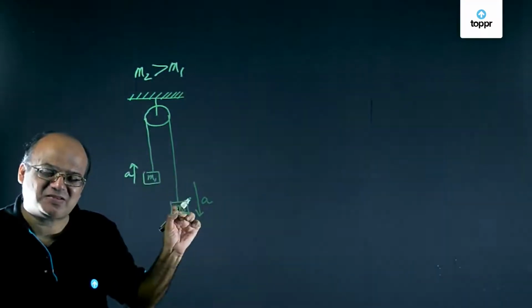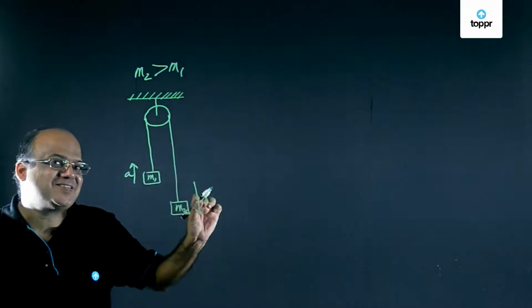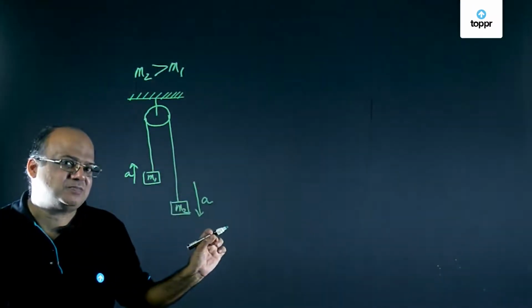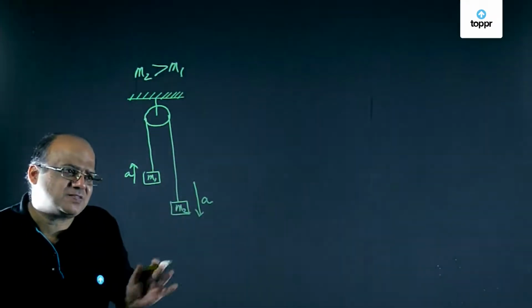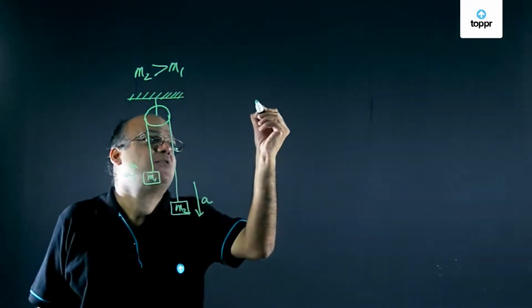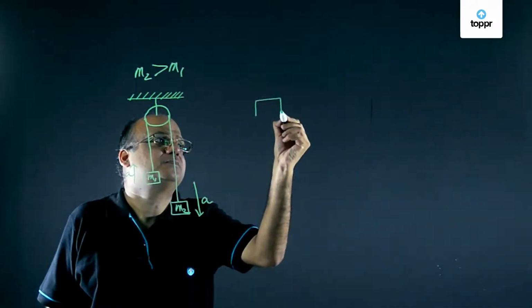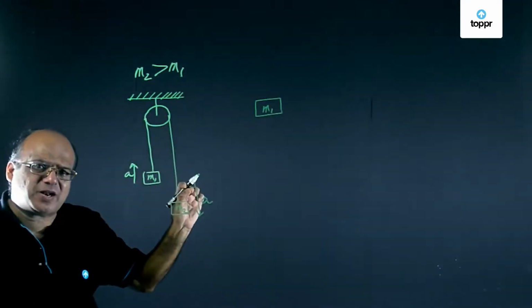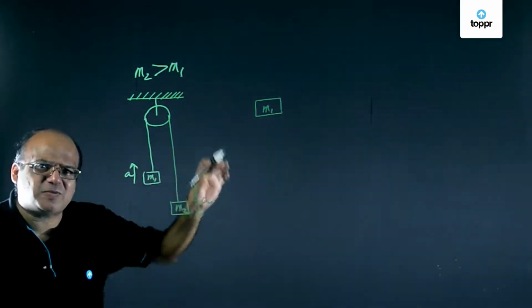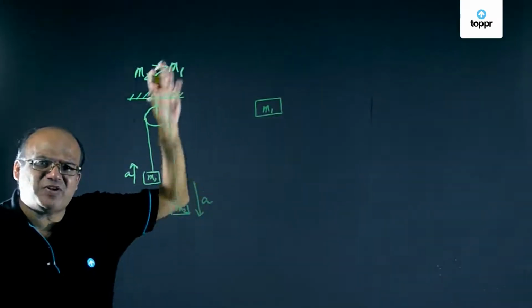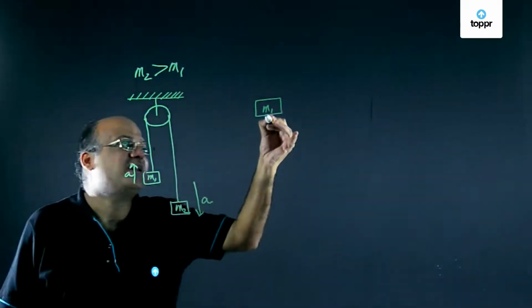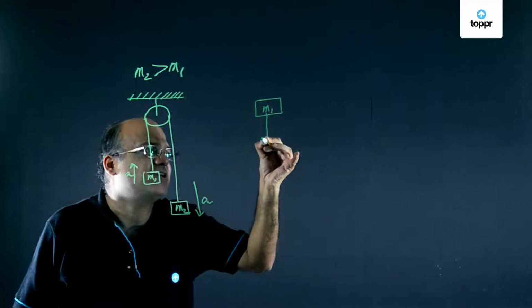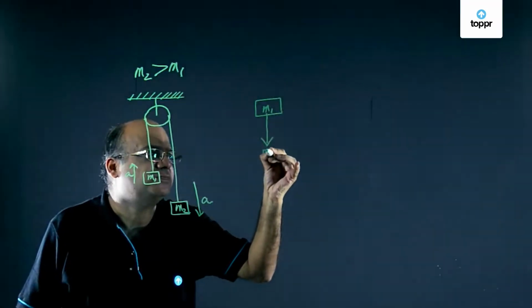Remember, the first step is to fix a consistent direction of acceleration. Once you have done this, we will draw a free body diagram of M1. Whenever you are drawing a free body diagram, first check if the body has mass. If it has mass, weight will act vertically downwards, M1g.